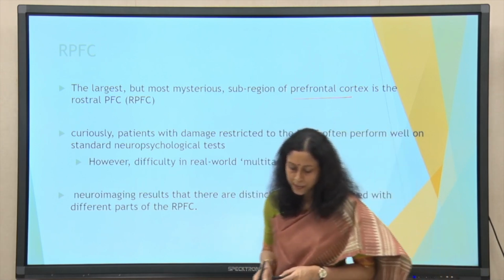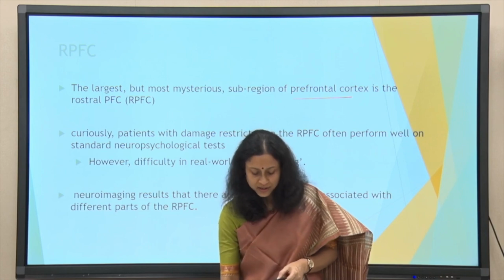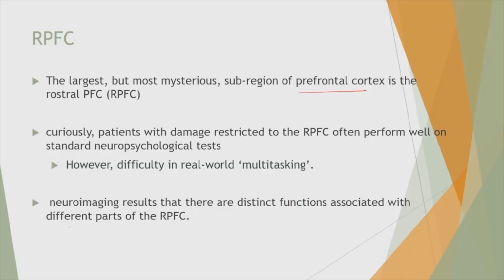Neuroimaging results show that there are distinct functions associated with different parts of RPFC. Again, you see, we have already seen that the PFC is broken down into 3-4 major areas, and each of those major areas can again be broken down into smaller parts. This is a very rich area of research.